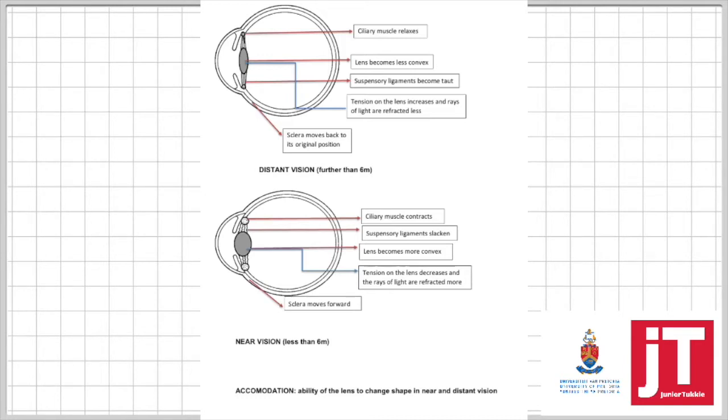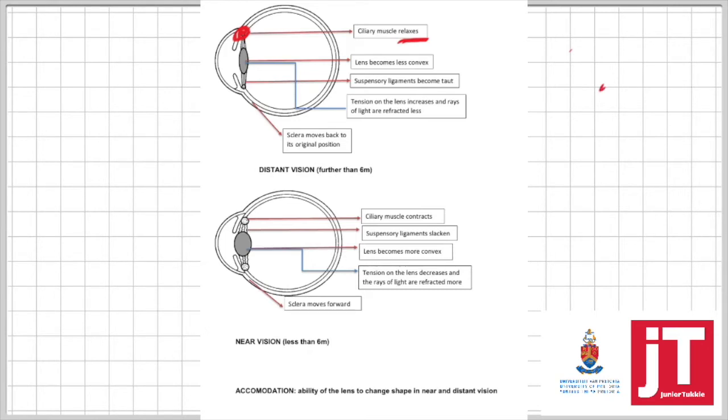If you look at your diagram, in red I have now circled the ciliary muscles. Here for distant vision, the ciliary muscle relaxes. And this will cause the suspensory ligaments to become taut, more tightened.